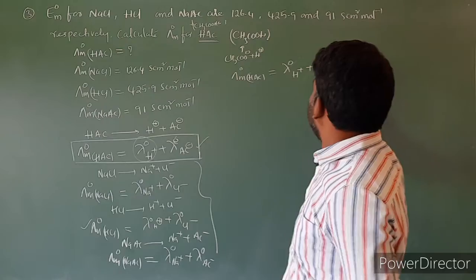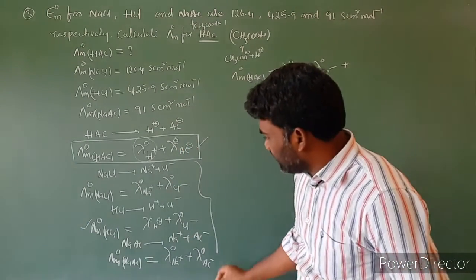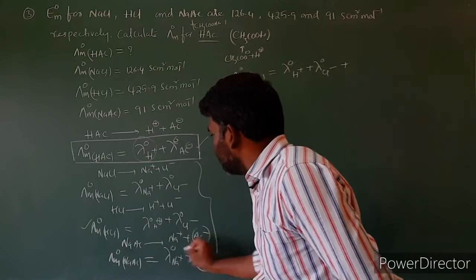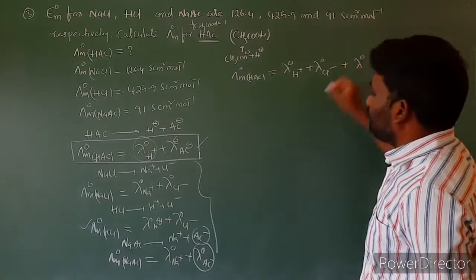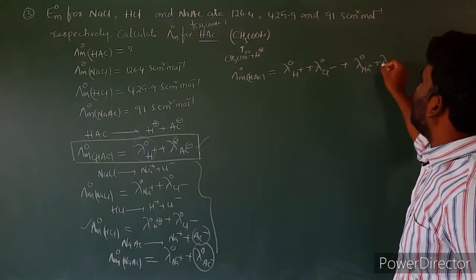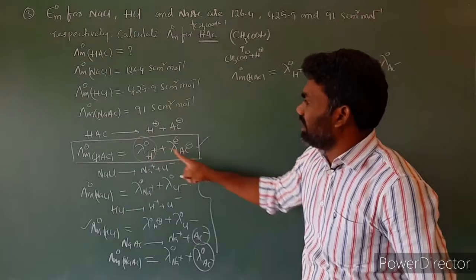Next, we have to get AC minus. Where is AC minus? You can check it. Here is AC minus, this one. So lambda naught NaAC we have to take here: lambda naught Na plus plus lambda naught AC minus. So we got H plus and we got AC minus.